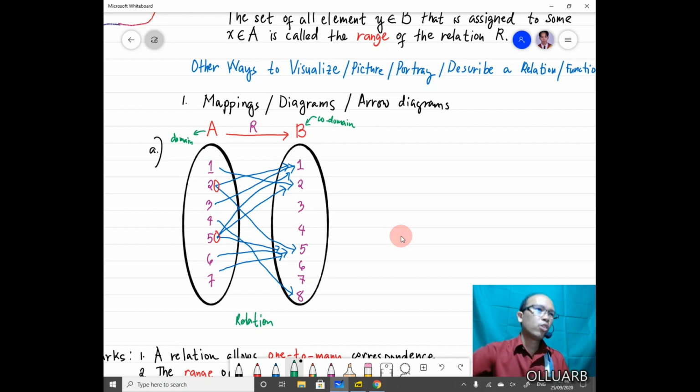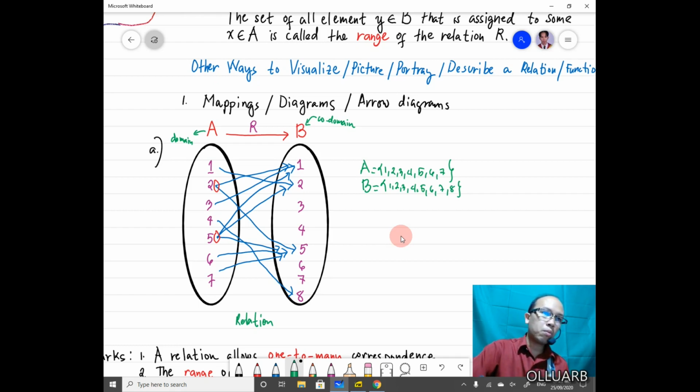Our domain A has the elements 1 2 3 4 5 6 7, whereas our codomain, which is the set P, has the elements 1 2 3 4 5 6 7 8.